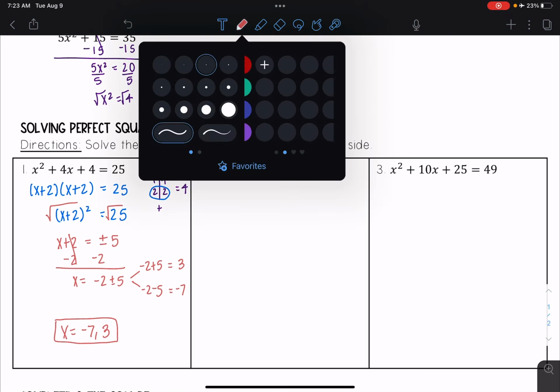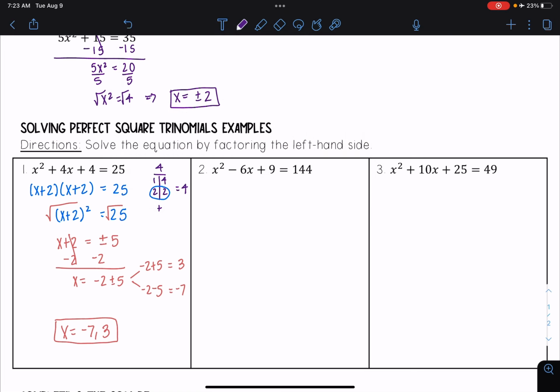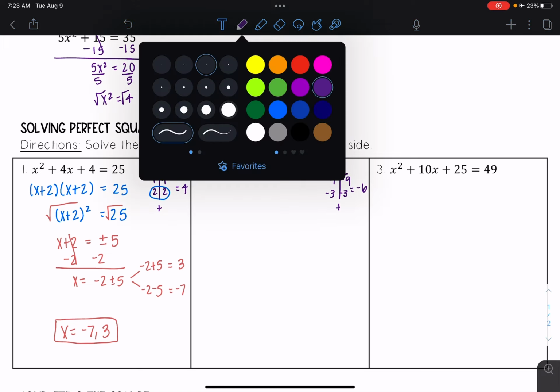Okay, let's look at this next one. Here I have x squared minus 6x plus 9 equals 144. So I first want to factor the left-hand side, so I'm looking for two numbers that multiply to 9 but add to equal negative 6. Since I'm multiplying to a positive and adding to a negative, all my factors need to be negative, so I have negative 1 times negative 9, and then negative 3 times negative 3.